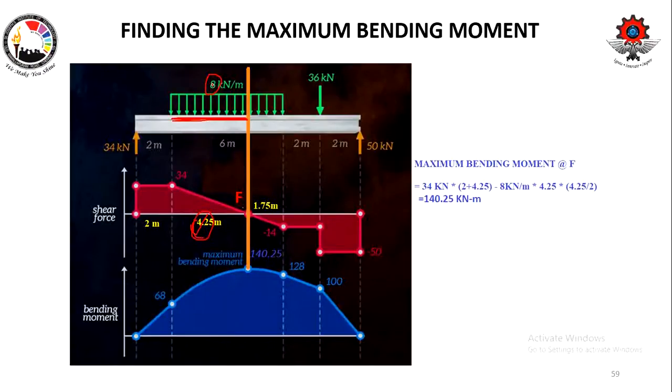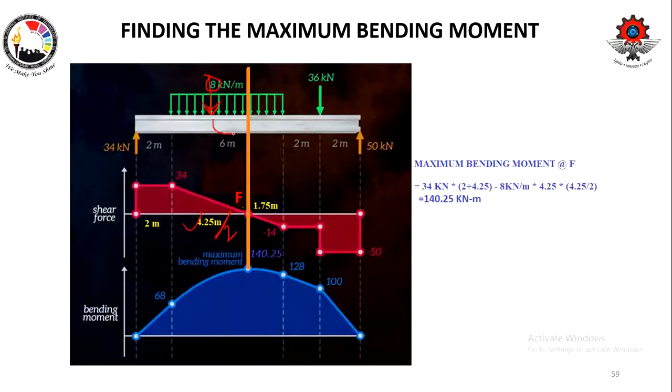That is going to act at the center of that particular UDL, in the sense, half of this 4.25. Therefore, it is going to be 8 into 4.25 into half of 4.25.